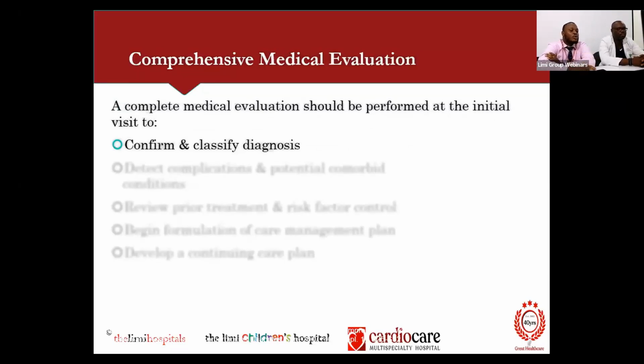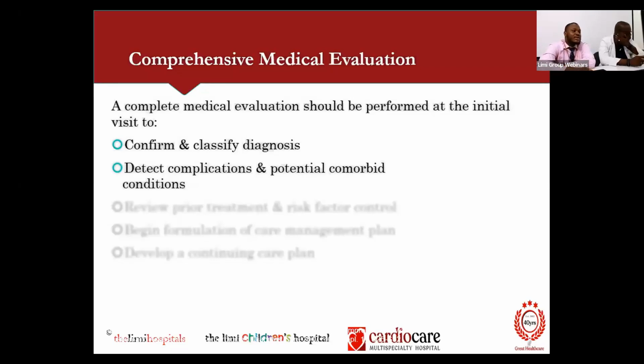We also want to listen, examine and evaluate the patient for possible complications. We all know diabetes is a multi-systemic illness; it can affect the renal system, the brain, the heart. So you also want to ask the patient about symptoms, and also about possible comorbid conditions like hypertension.